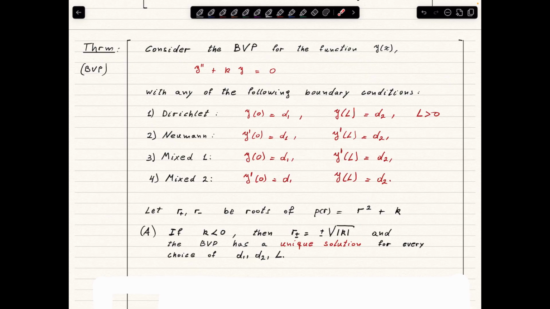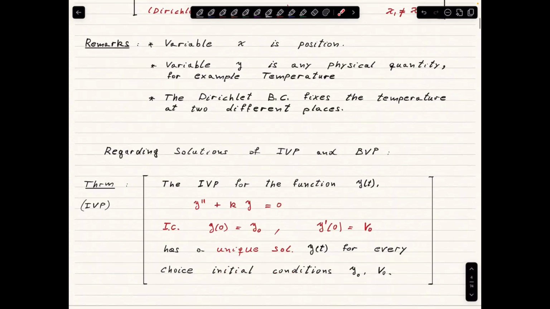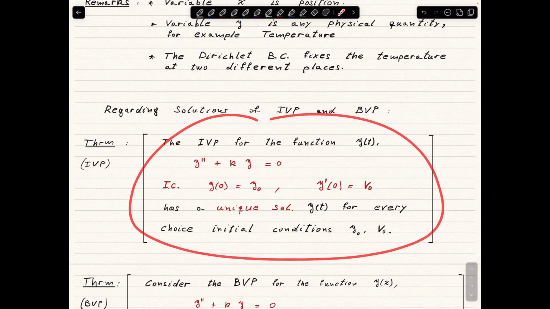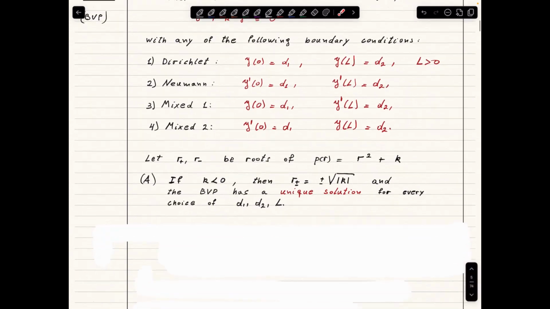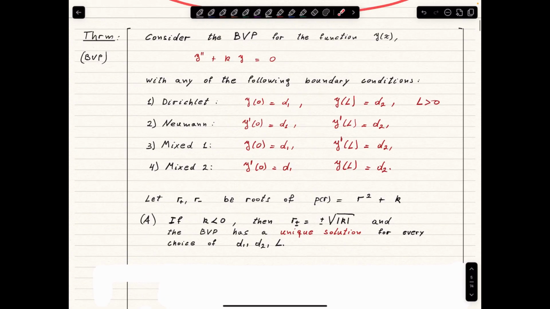And in that case, all these boundary value problems, the four of them, have a unique solution no matter what you choose here for the constant d and for the value of L. All the problems have a unique solution. This is essentially the same thing as what happens for initial value problems. Unique solutions. But this is only when k is negative.